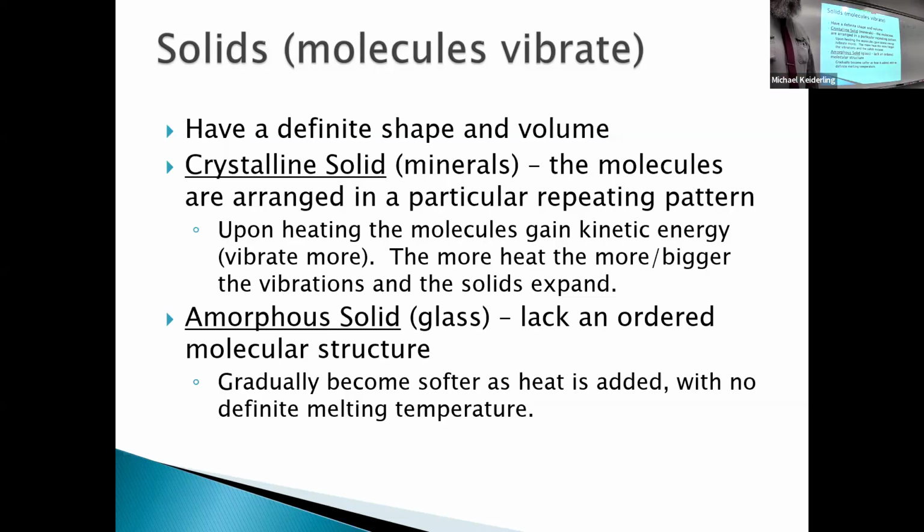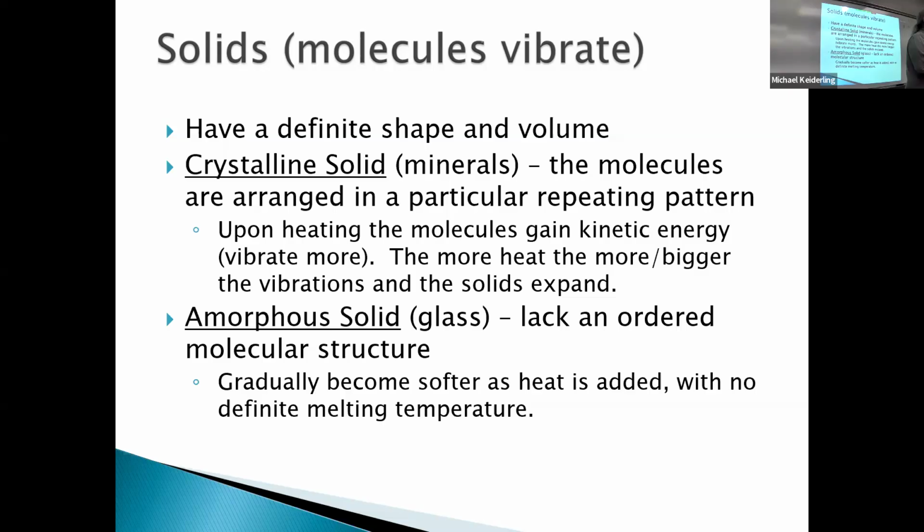There are also amorphous solids. Amorphous solids lack an ordered molecular structure. So amorphous solids will not suddenly melt at a specific temperature. They just gradually become softer, and there's no definite melting temperature. An example of an amorphous solid is glass.